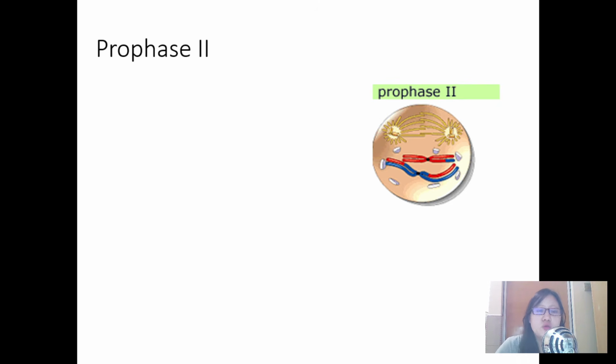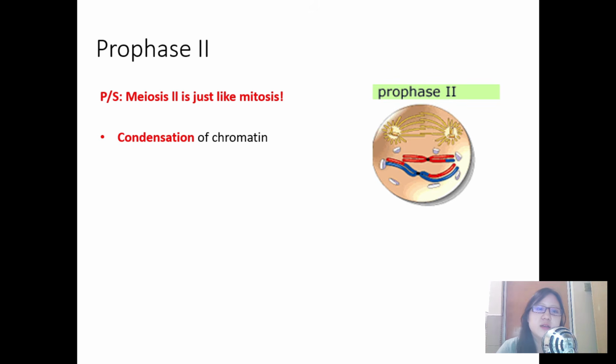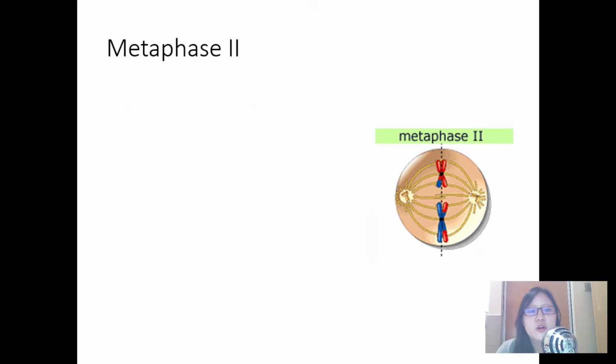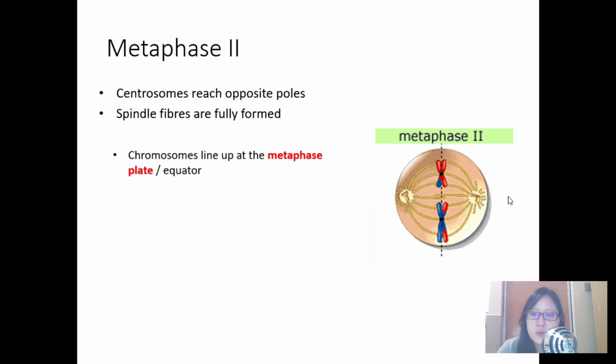Now moving on to prophase 2. Prophase 2, as well as the rest of meiosis 2, is just like mitosis. Exactly the same, just that now you're starting off with a haploid cell with chromosomes that have sister chromatids. You expect condensation, all this stuff. During metaphase, it looks normal now.